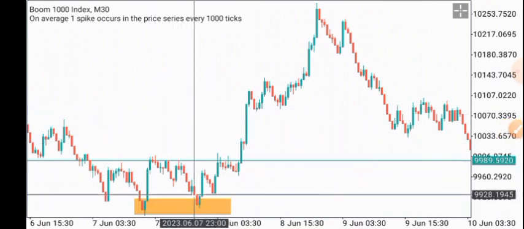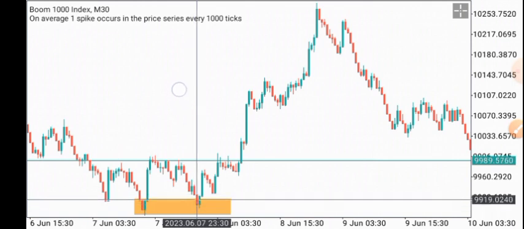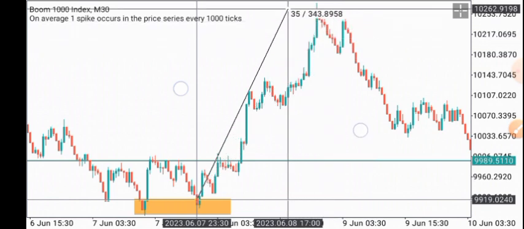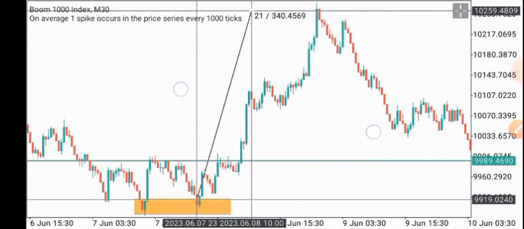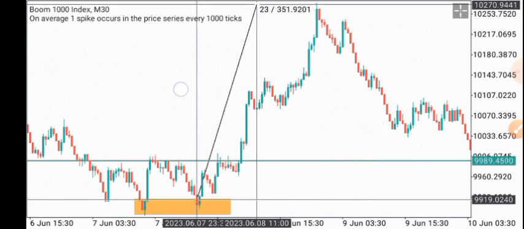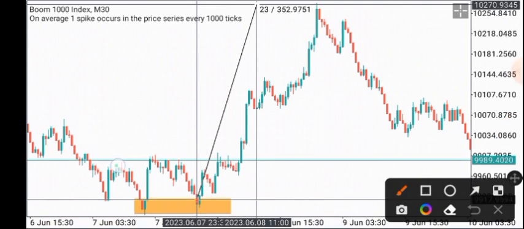You know, I trade the break and retest strategy, and in my previous video, I told you guys that we have components of a market structure. Once a structure is broken like this one, there are components in that structure you should look out for, and order block is one of them.